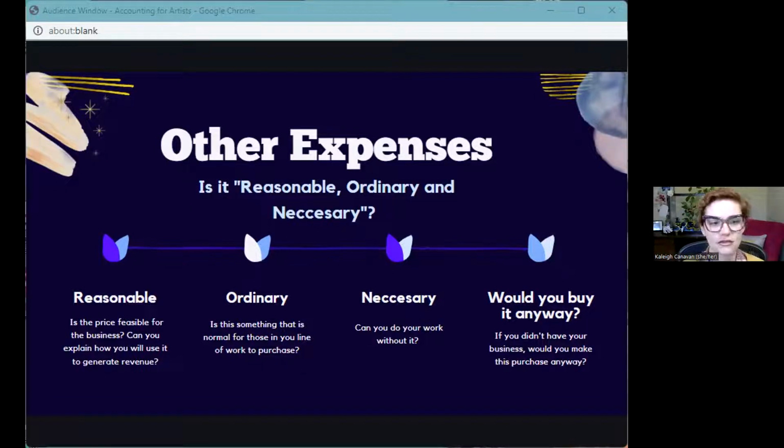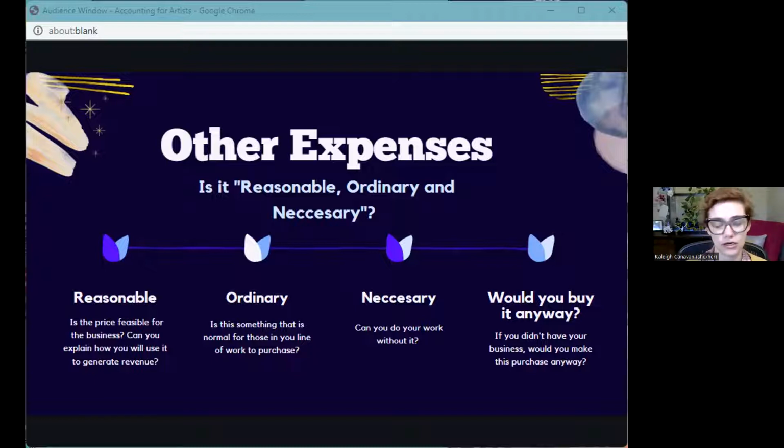Ordinary: is it normal for someone in your industry to incur this expense? And will the IRS agree with you? When you are reporting your expenses on your taxes, the IRS is using benchmarks of others in your industry to determine whether or not something is ordinary.